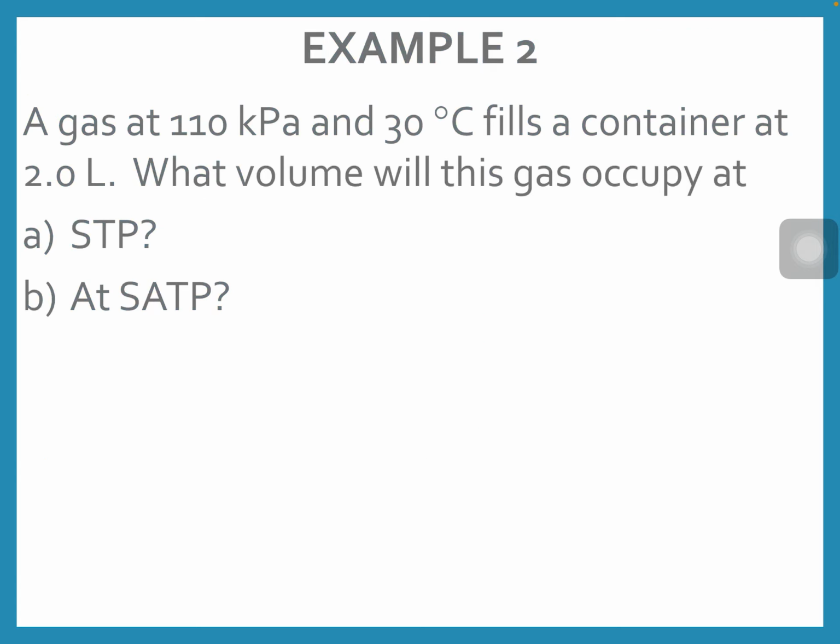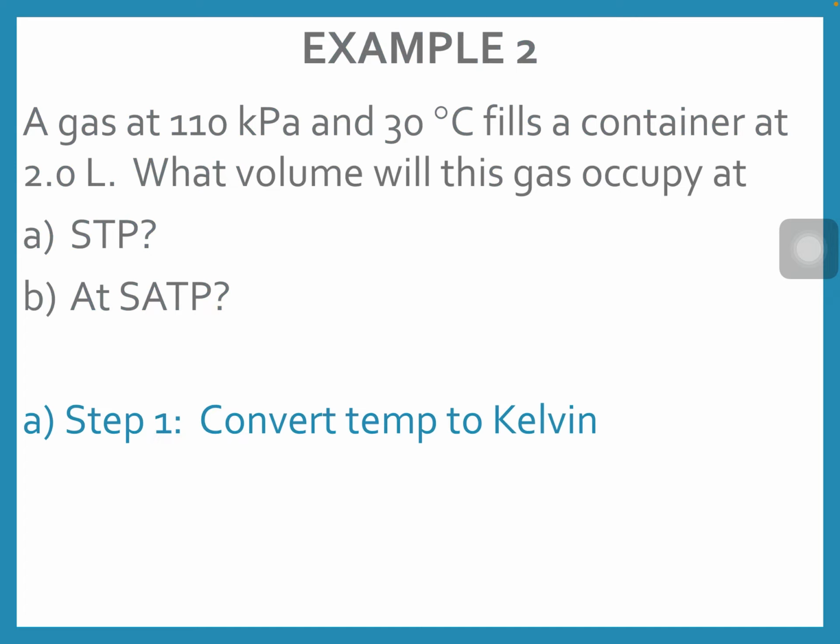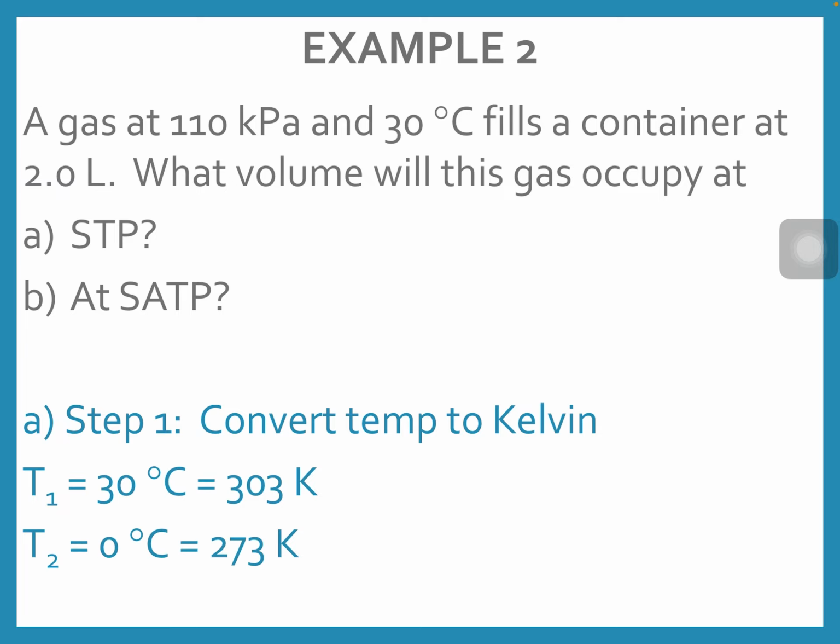Another example, so a gas at 110 kilopascals and 30 degrees Celsius fills a container at 2 liters. What volume will the gas occupy at STP and at SATP? So we're first going to convert our temperatures to Kelvin. 30 degrees Celsius was 303 Kelvin.